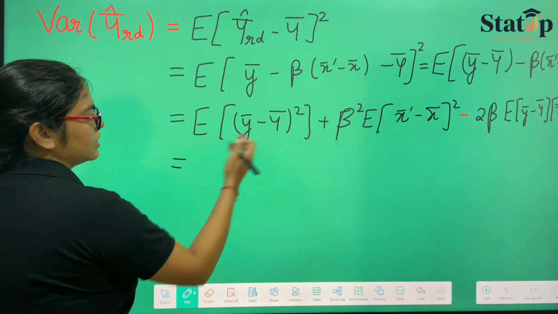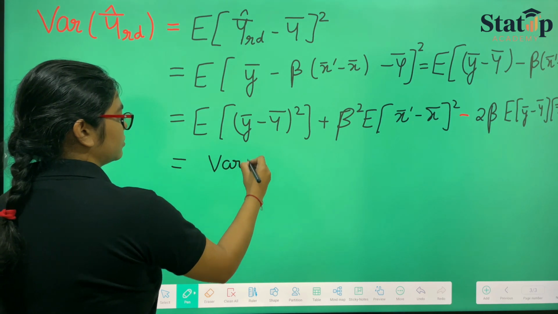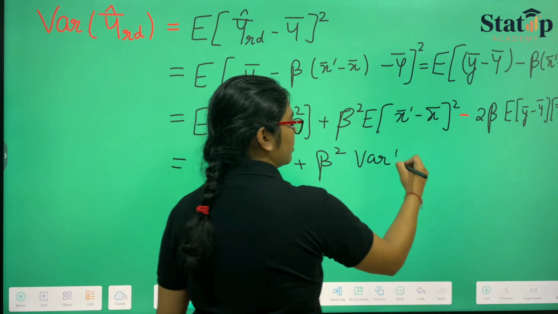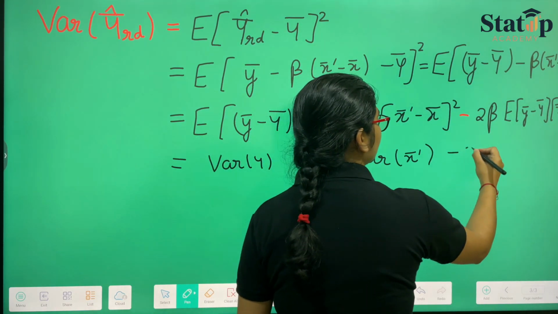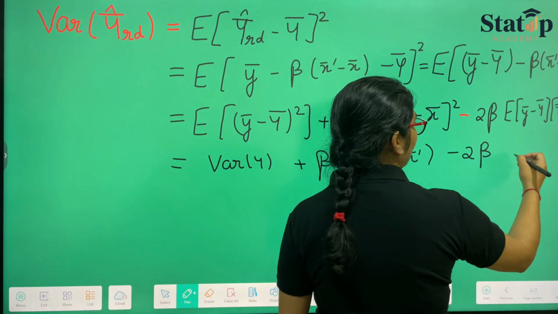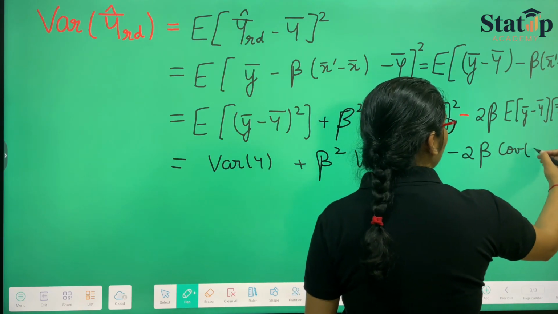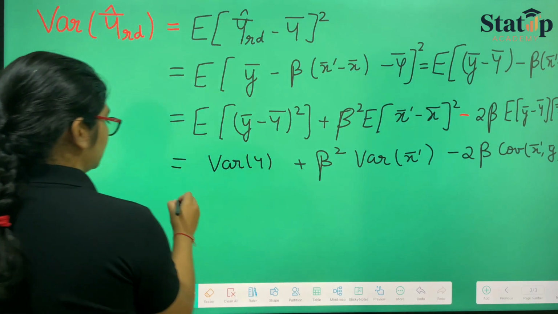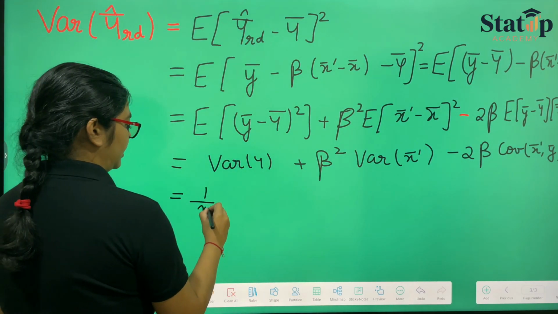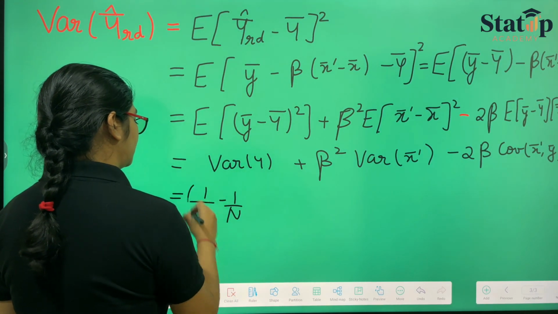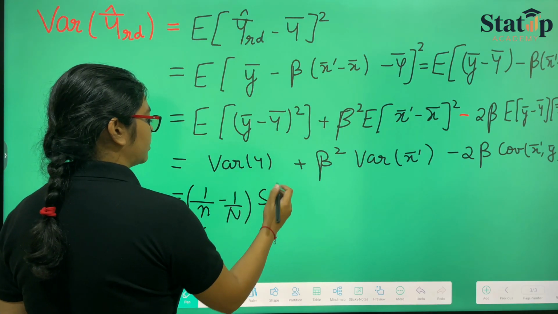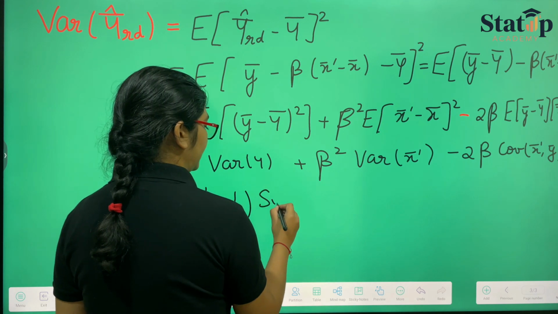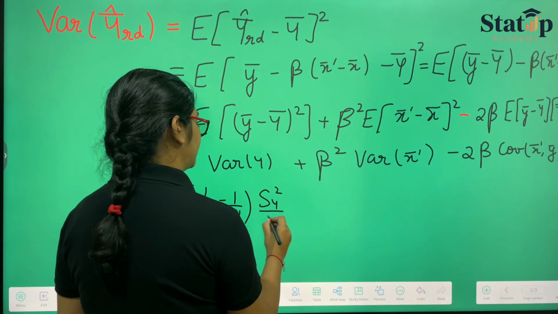So this is nothing but the variance of y bar, this is beta square into the variance of x bar prime, and this is minus 2 beta into the covariance between x bar prime and y bar. This can be written as 1 upon small n minus 1 upon capital N, Sy square upon y bar square.